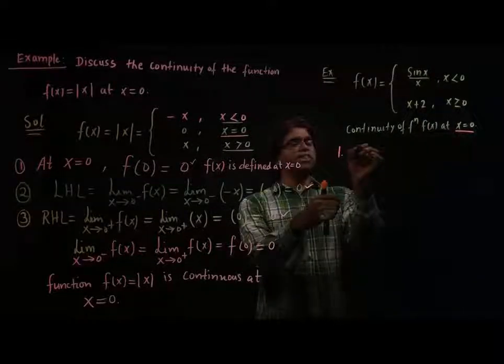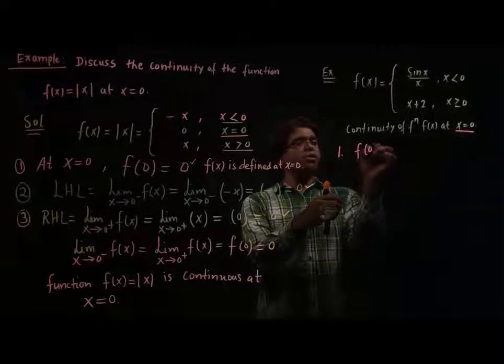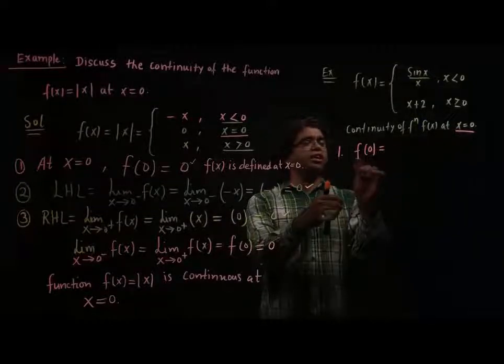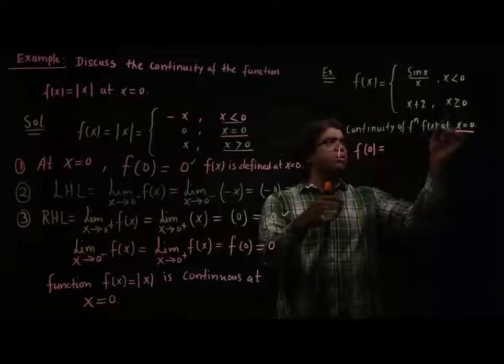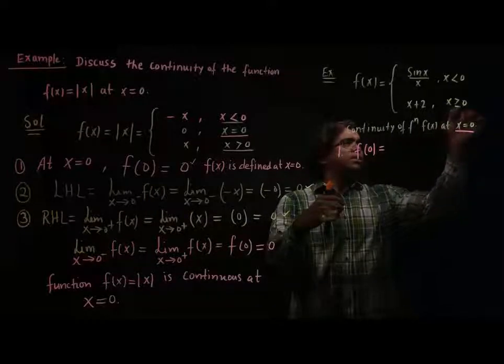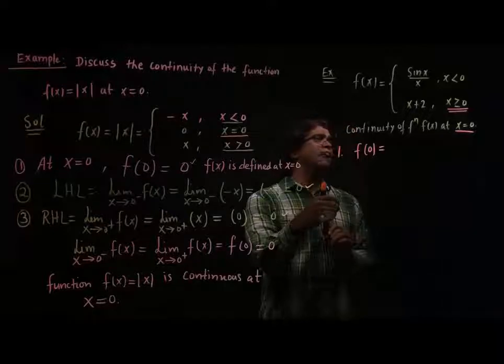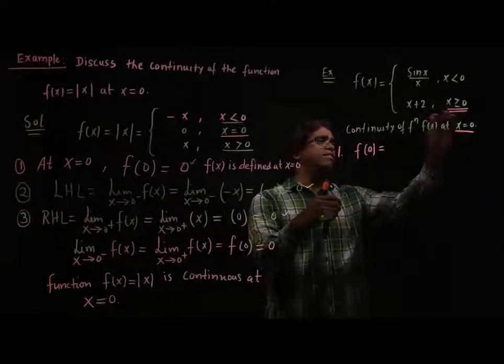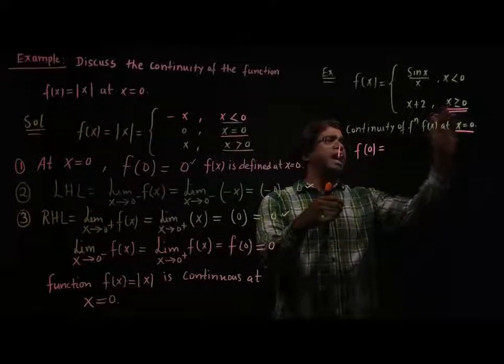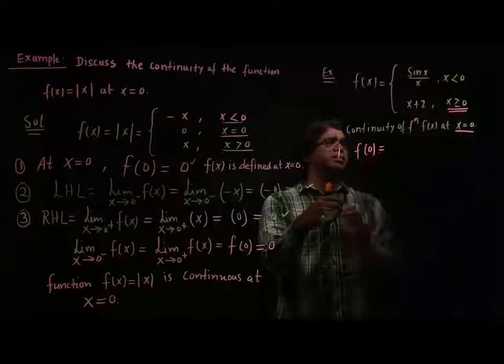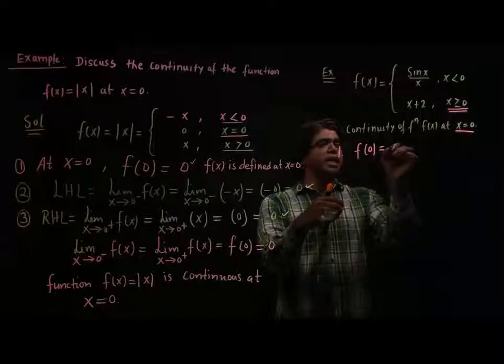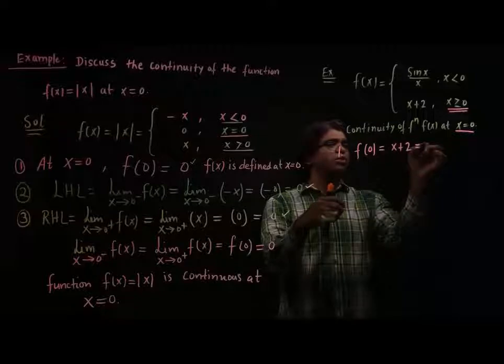So the very first thing I want to do is see if f(0) is defined or not. So f(0) is basically what? This is the point where we can find the value of the function. For that value of x, the function is x plus 2. So I will write x plus 2, and substitute 0.